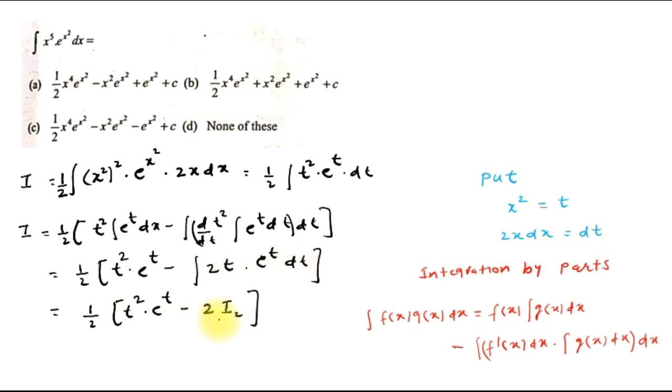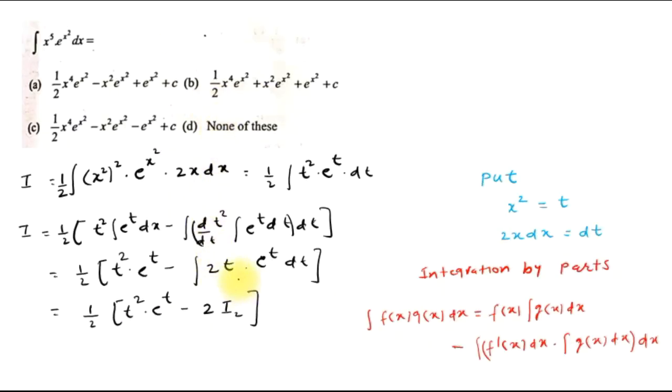So we have to find here I2. I2 can be written as integration of e to the power t into t dt, right?